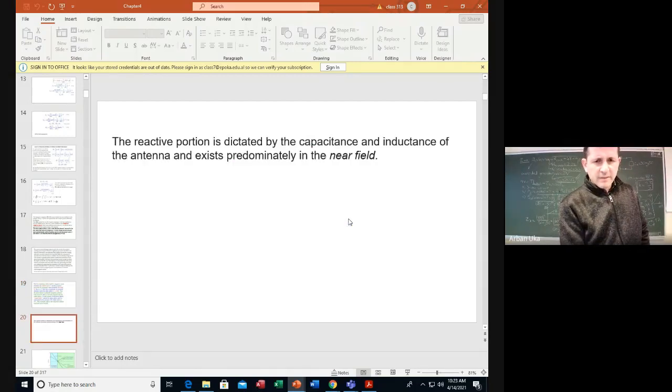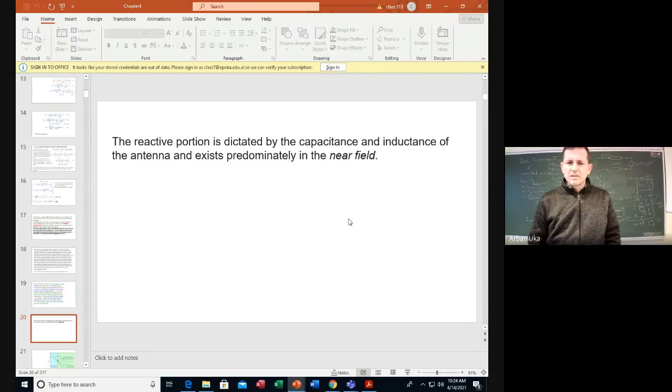The reactive portion is dictated by the capacitance and inductance of the antenna and exists predominantly in the near field. This reactive portion is not the same thing, but it is close to equivalent, and it might be worth comparing these two cases.